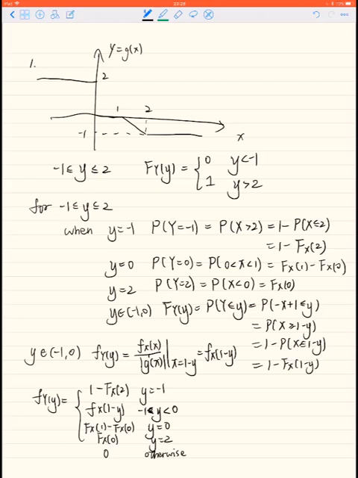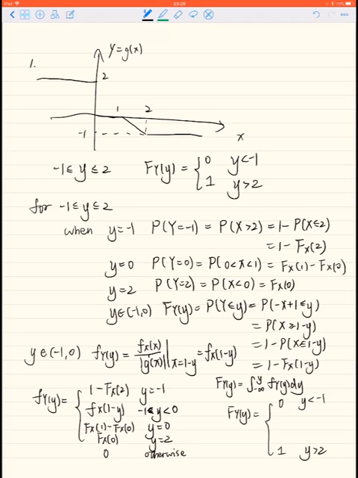Now given the definition of the distribution function, F_Y(y) equals the integral from minus infinity to y of the density function of y dy, we can easily figure out the distribution function F_Y should be in the form like this. It should be 0 when y is less than minus 1 and should be 1 when y is greater than 2.